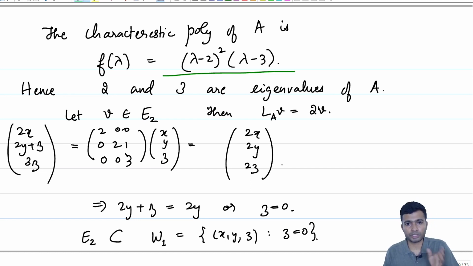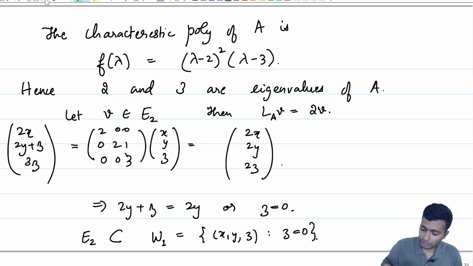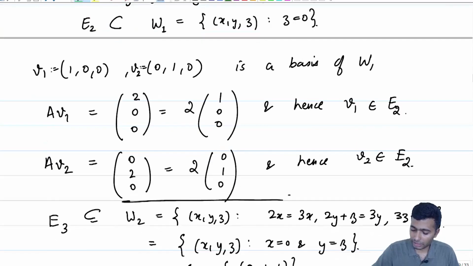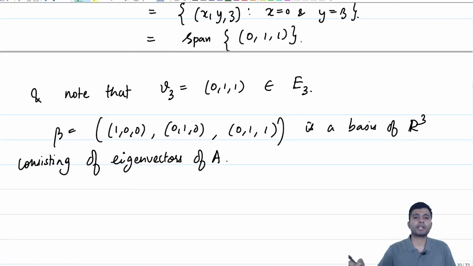In a 3-dimensional space which is R3, we have 2 distinct eigenvalues. But in this case, it so happens that we do get a basis of R3 which consists of eigenvectors of our matrix A and hence diagonalizable.